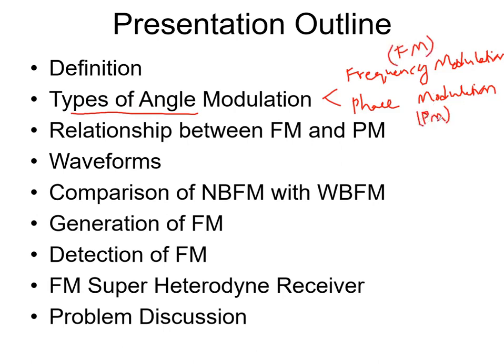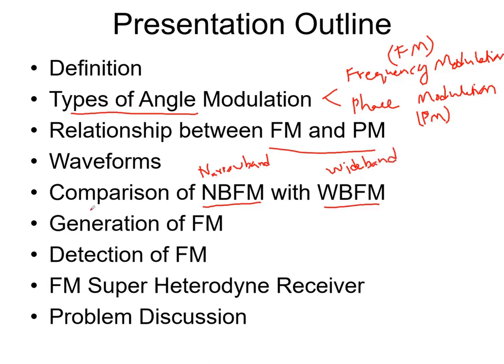Why these two are the types of angle modulation we'll be going to see. The relationship between both of them, the waveforms, the comparison of NBFM and WBFM. Here NB stands for narrow band, where WB stands for wide band FM.